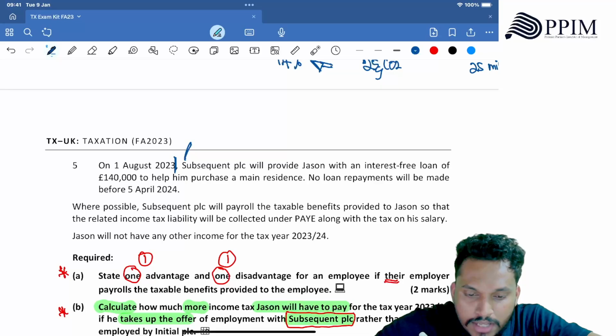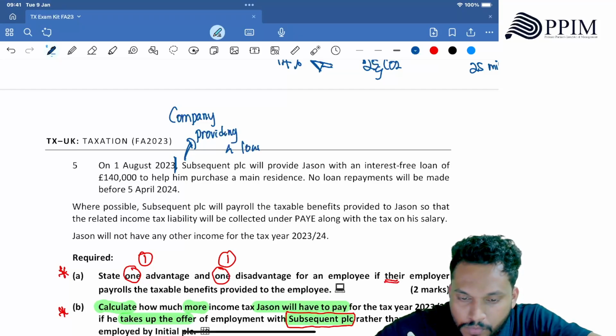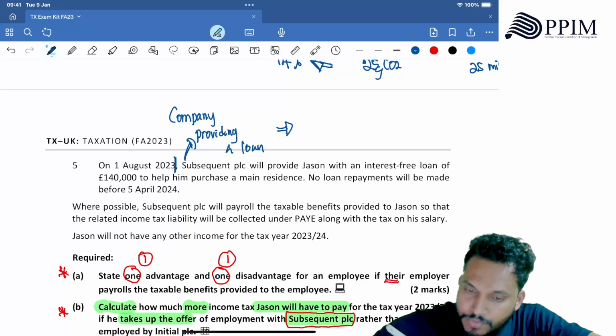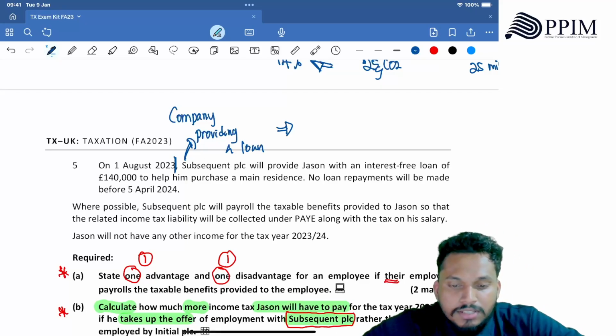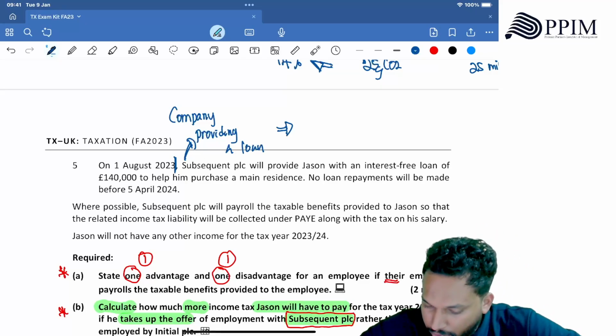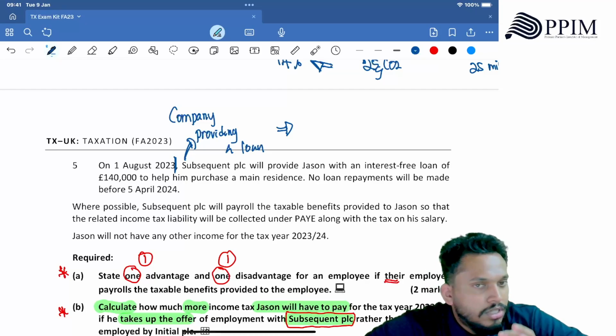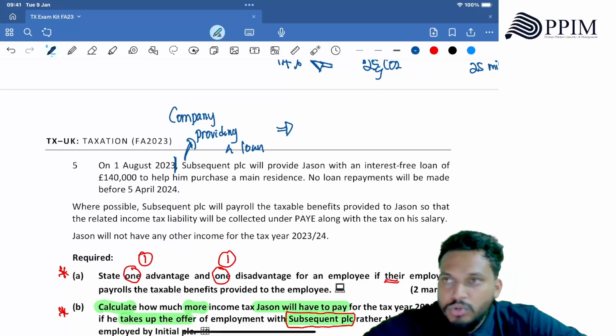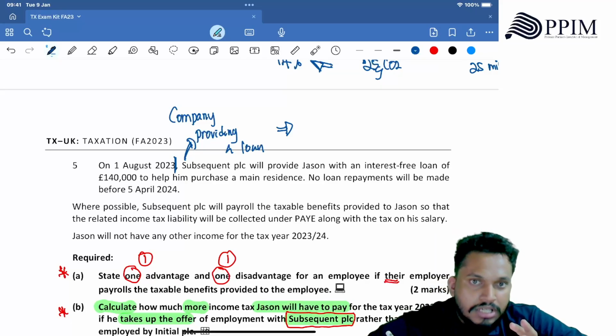So when the company is providing a loan, what do you need to do? Who is providing this loan? The company is providing it to the employee. So is it an income to him? Yes.